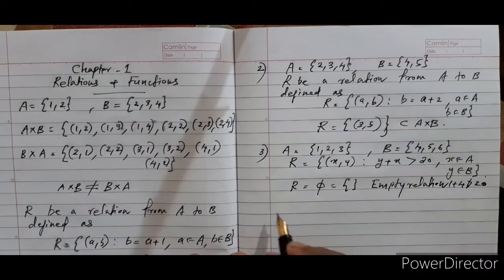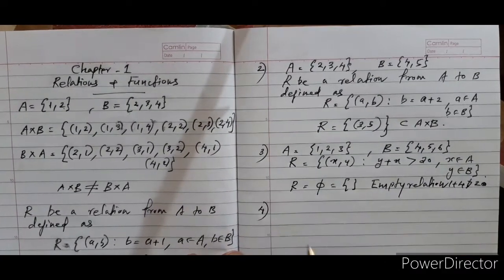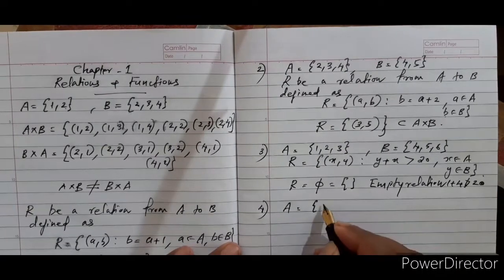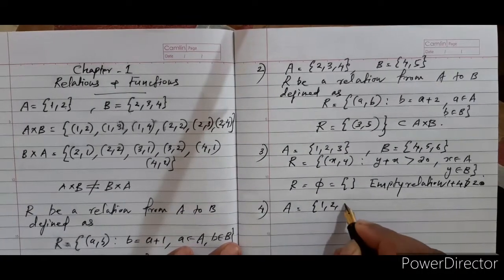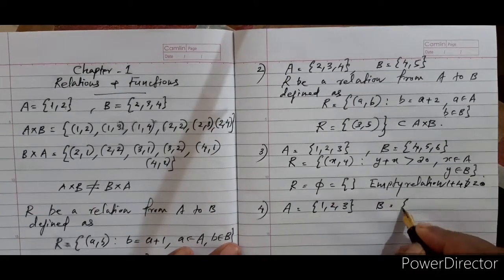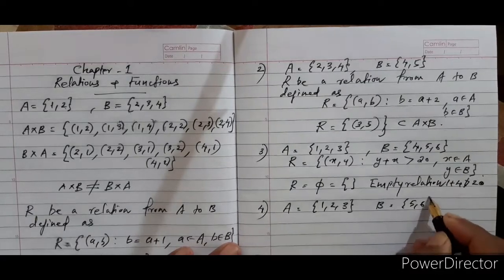Okay. Now take fourth example. Let A equal to set {1, 2, 3} and B equal to {5, 6}.